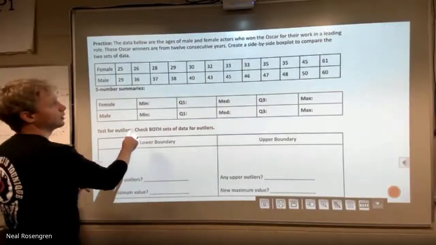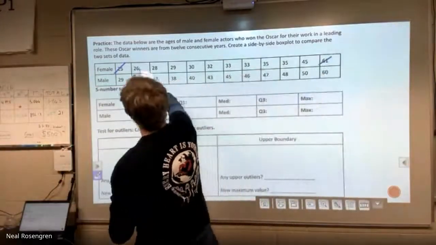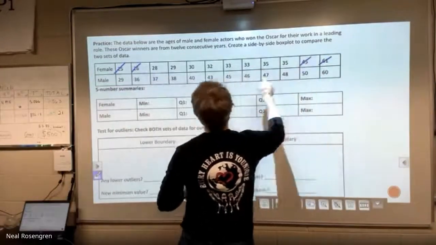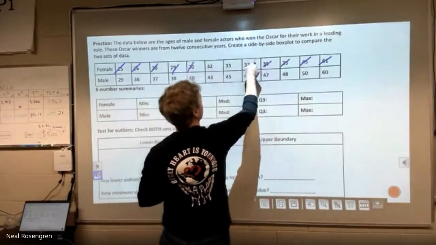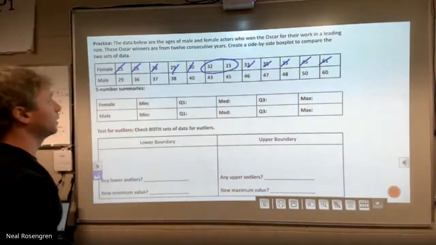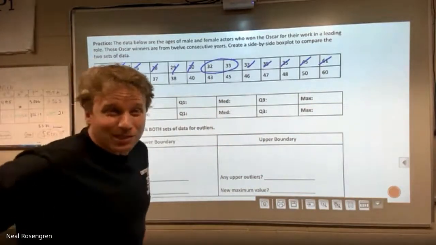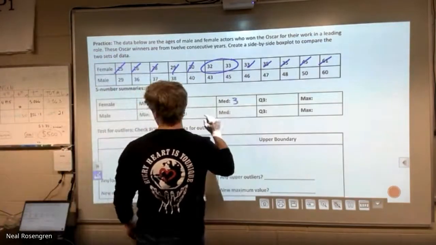All right, so Q1. I got to find the median first, because it depends on if we have a median there or not. We end up having those two kind of stuck in the middle, because we have an even number, so there really is no middle. So my median is the average, female, 32 and a half.